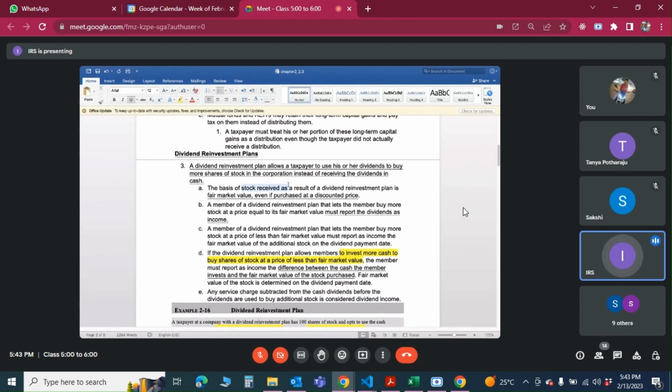So the basis of stock received as a result of dividend reinvestment is fair market value, even if purchased at a discounted price. Fine. So you receive $10,000, and we are saying, I want to buy again. We'll have to buy the stocks at fair market value, usually. Otherwise, if it's a private company giving the stock at a value which is lower or higher than fair market value, then your basis has to be adjusted accordingly.